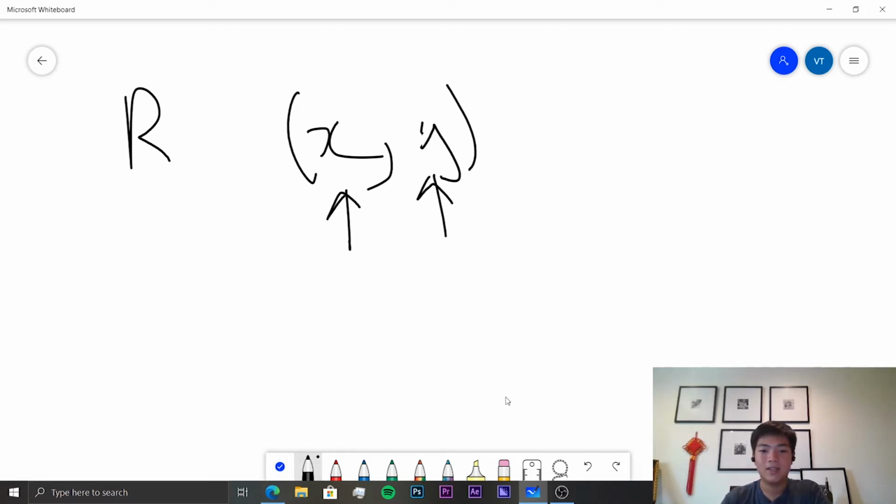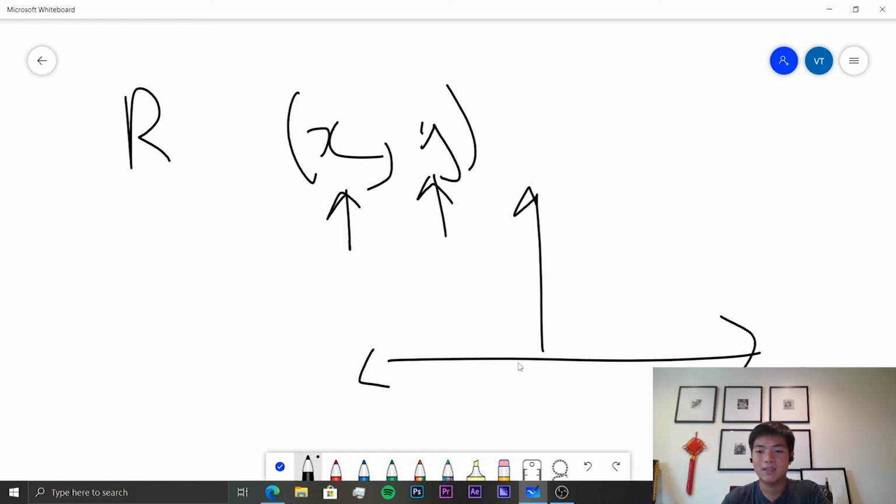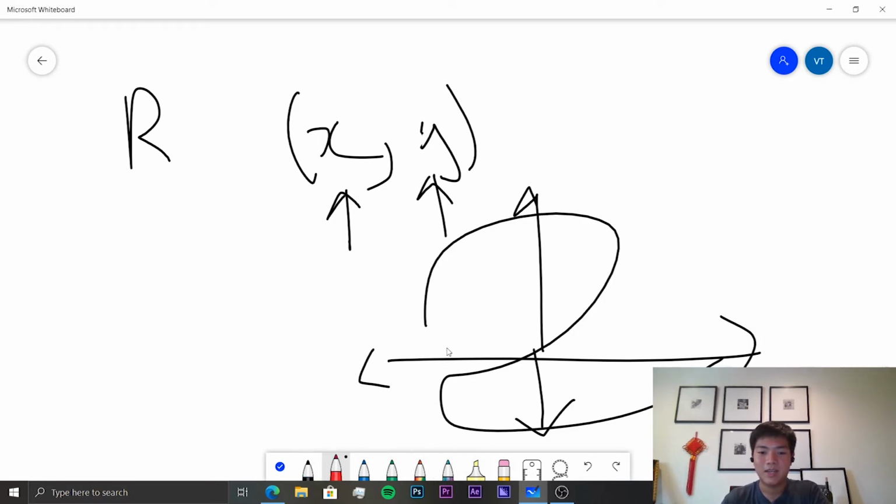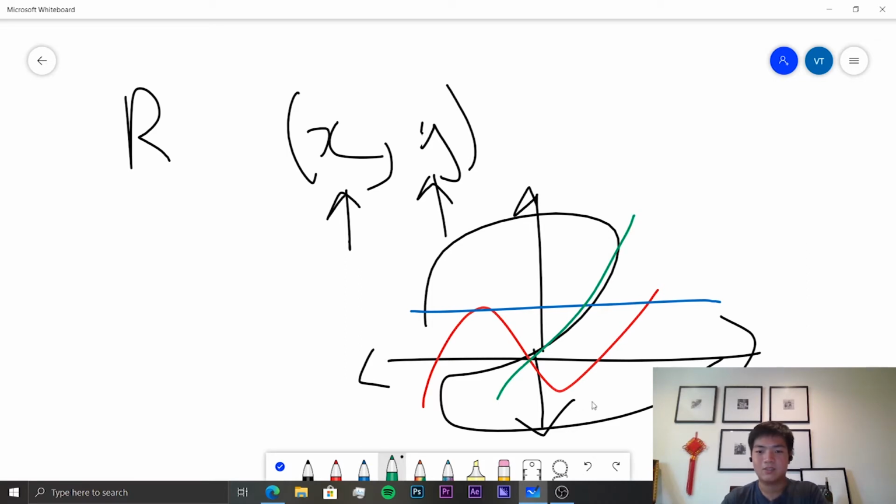A better way to think about a relation is if you're graphing it. A relation can really be anything. It can be a squiggle, a normal curve, a straight line, or another straight line. It can be anything that just has an x coordinate corresponding to a y coordinate.